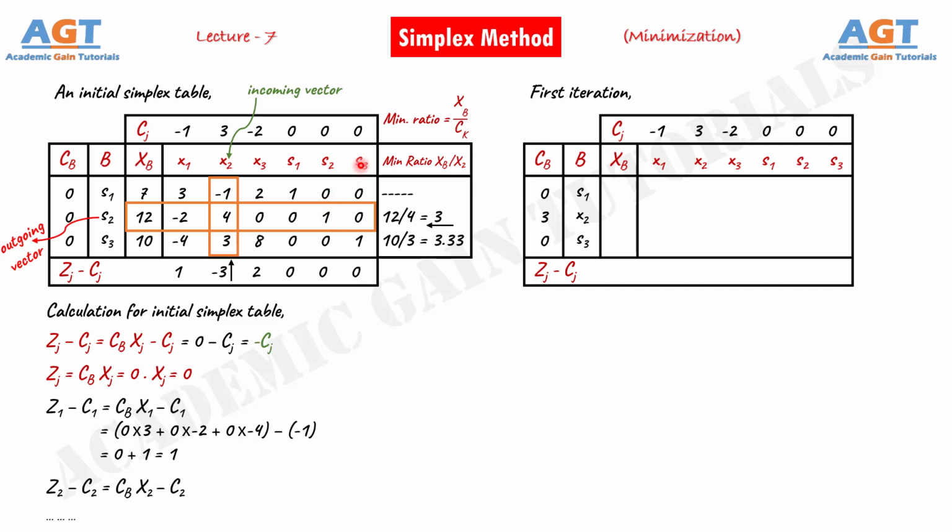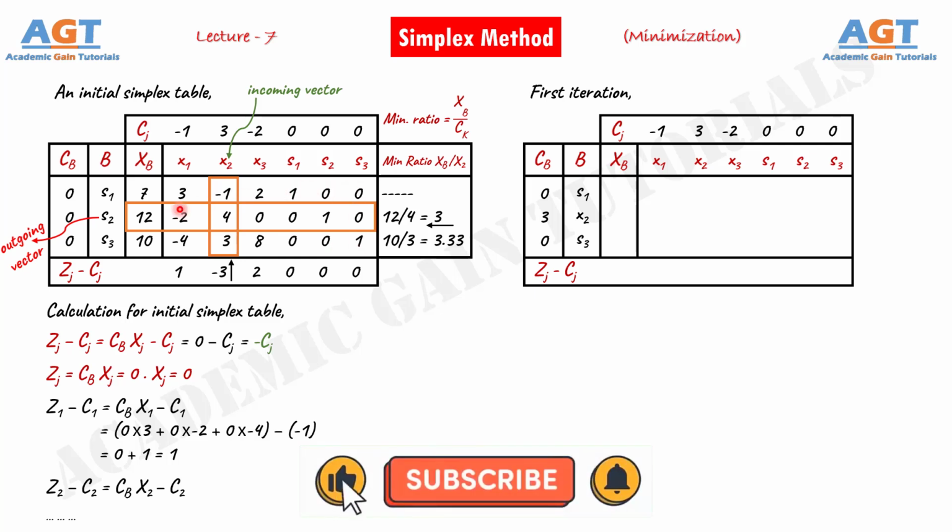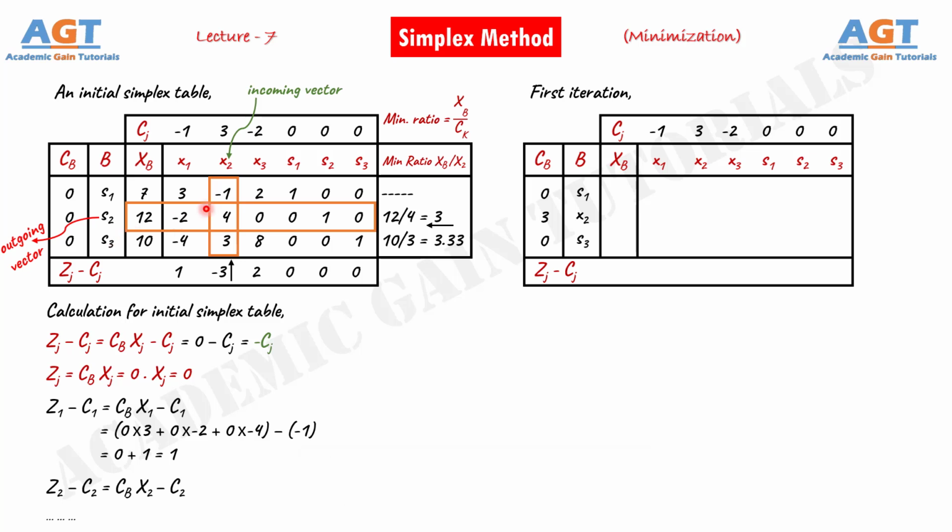And in the s3 column here, we have 0, 0, 1. So, this forms an identity matrix. The basic variables are written serially as s1, s2, and s3. And if the s1, s2, and s3 columns are arranged in the same serial, we get an identity matrix like this. Now, in the table 2 also, the basic variables are s1, x2, and s3. If the s1, x2, and s3 columns are arranged in the same serial, we should get an identity matrix.